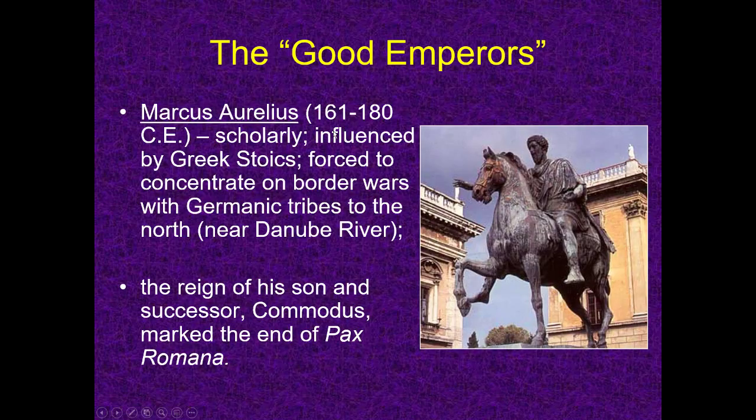Marcus Aurelius, I find him to be a fascinating guy. I think a very good emperor too. And he had a neat idea for the future. He was basically a Greek Stoic, the way he'd been trained. And Marcus Aurelius, we often call him the last of the good emperors because he really wanted to see peace in Rome.